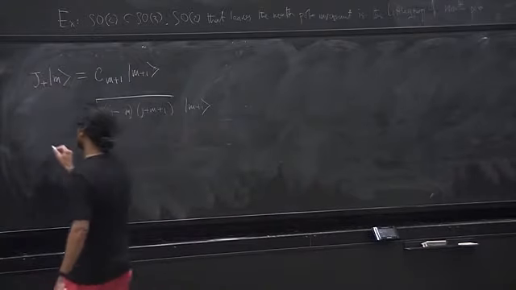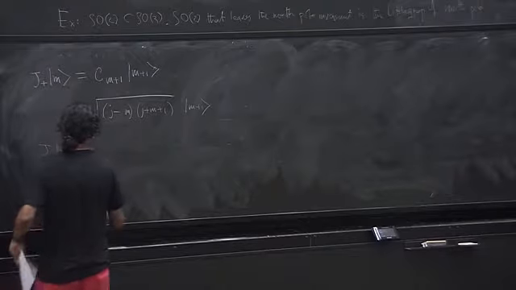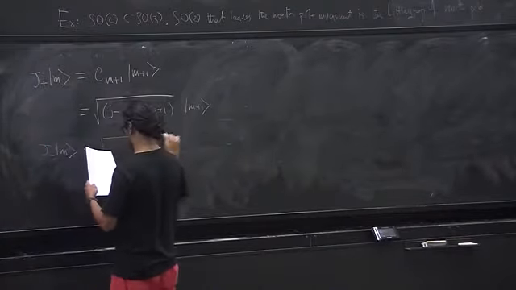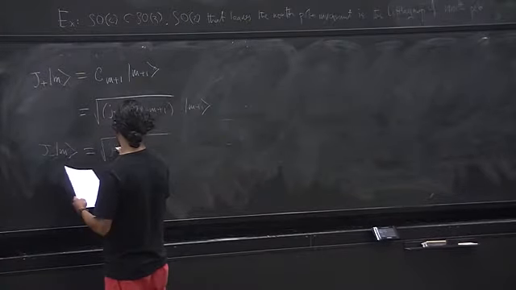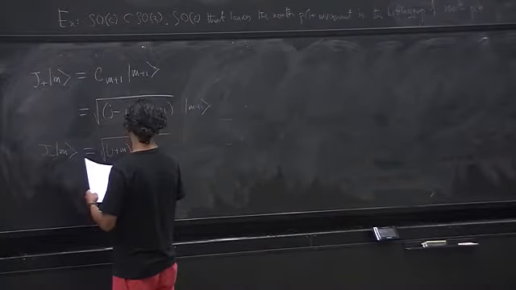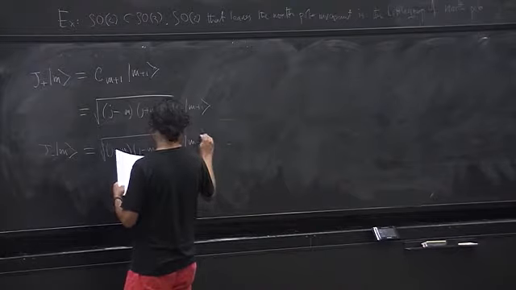And similarly, if you have J minus of m, it should give us J plus of m, J minus of m plus 1, m minus 1, right?